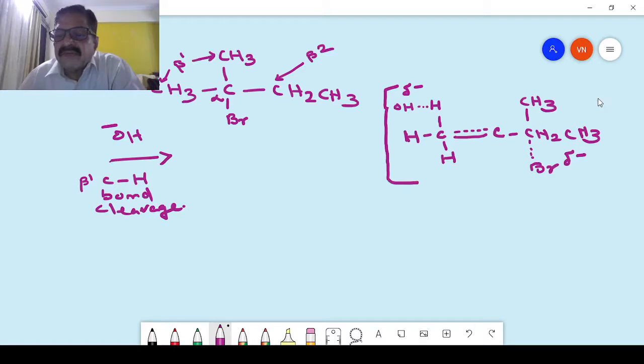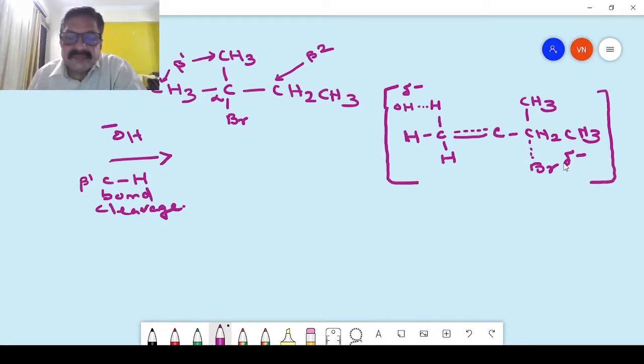So this transition state is forming here. This bond I have wrongly written; it is getting partially broken. There are 4 partial bonds in total.